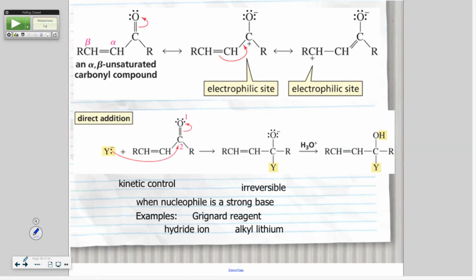Okay, this compound up here is a carbonyl compound, and it has a double bond conjugated to the carbonyl compound. It is referred to as an alpha beta unsaturated carbonyl.